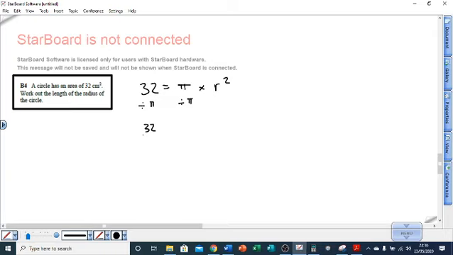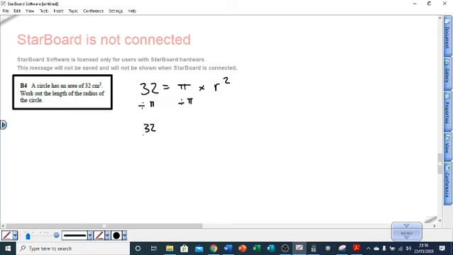And to get just the radius, to undo squaring, you're going to square root both sides. Square root that side, square root that side. So we know therefore the radius is simply the square root of 32 over pi. That's what the radius gives you. On a calculator, it is just simply root of fraction, 32 over pi.